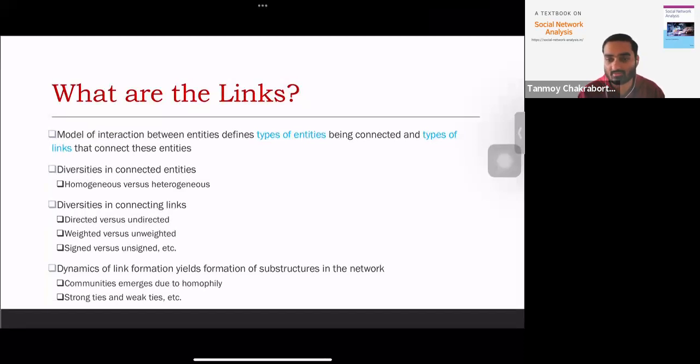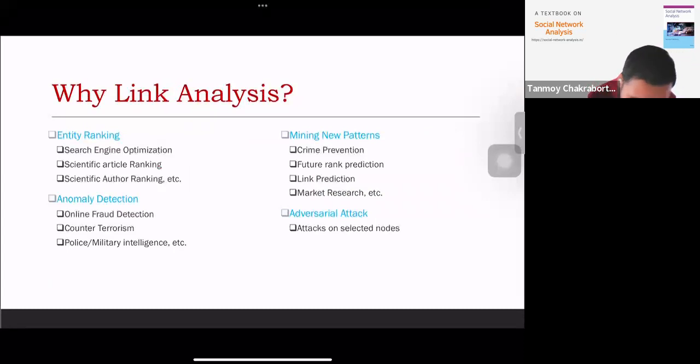We'll also talk about signed networks, where each edge is associated with a sign. We'll also talk about directed versus undirected edges. And we'll talk about how these edges connect nodes within a certain cluster and across different clusters. Based on this notion of connections within a cluster and across clusters, we will define something called weak ties and strong ties.